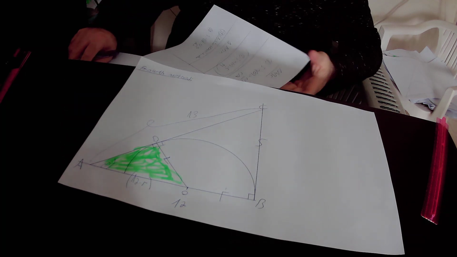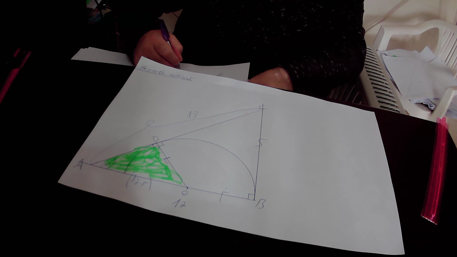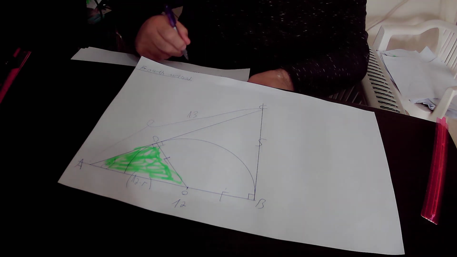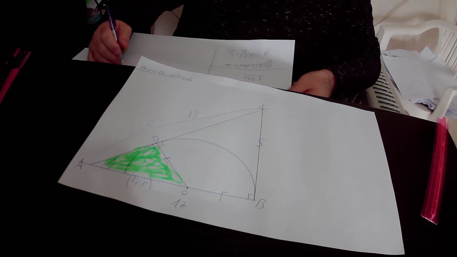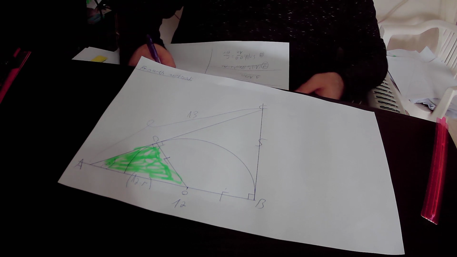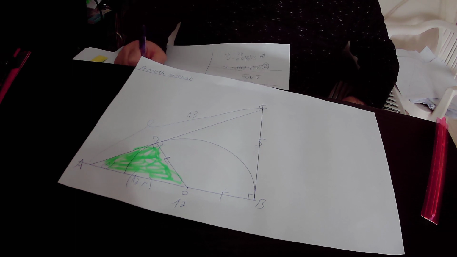But we know that DO equals R, and AO equals 12 minus R. So in conclusion, according to equation number 2, sine theta equals r over 12 minus r.